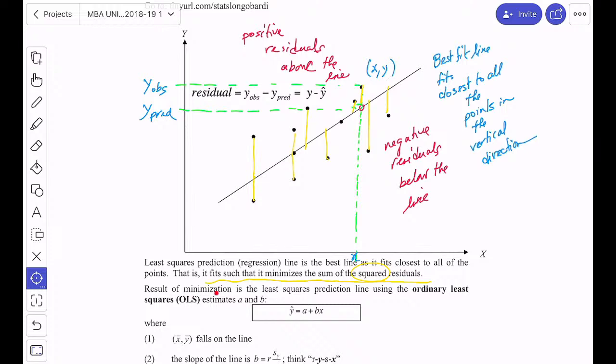The minimization of the least squares prediction line, using ordinary least squares, which is the technique I've just described, results in giving you this line.